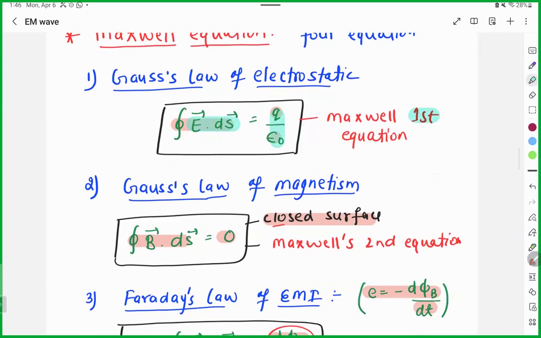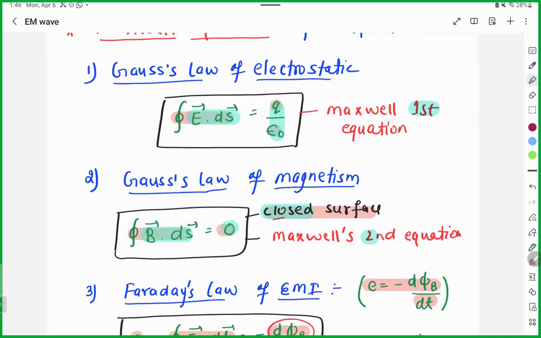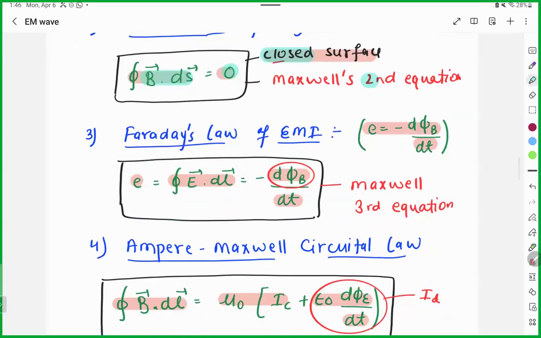Second, Gauss's law of magnetism. Instead of E dot ds, B dot ds will be zero because over a closed surface it is zero. Right. Third, Faraday's law of EMI. We know induced EMF directly depends upon n d phi by dt. By the way, if you have n number of turns, n will also be there. I will write here: E is equal to minus n d phi B by dt.